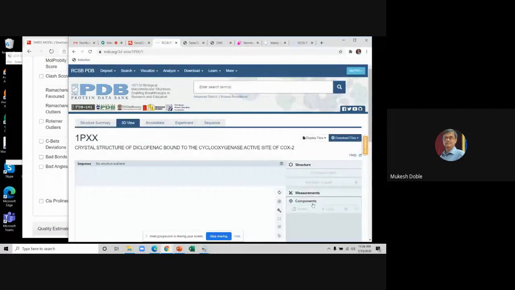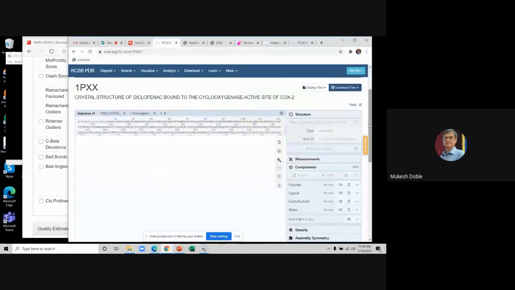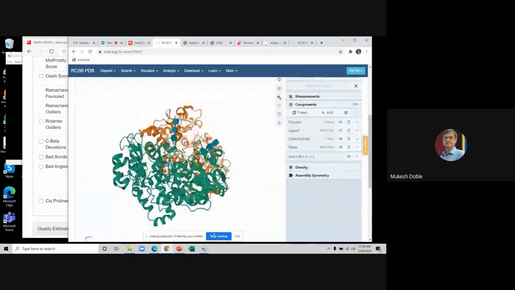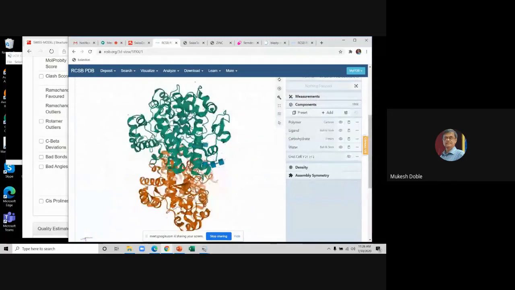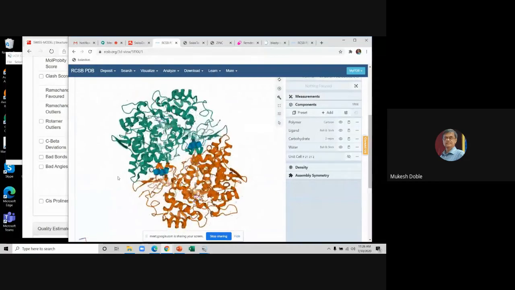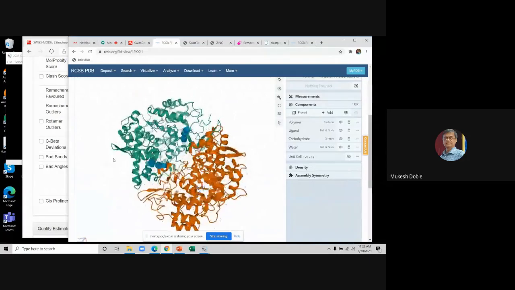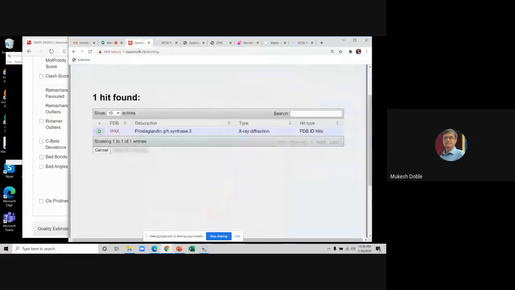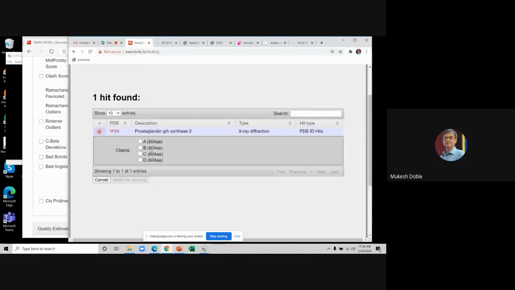Yeah, this is the one with the diclofenac inside. I have selected this for my study. It has 4 chains, so let's take a chain.